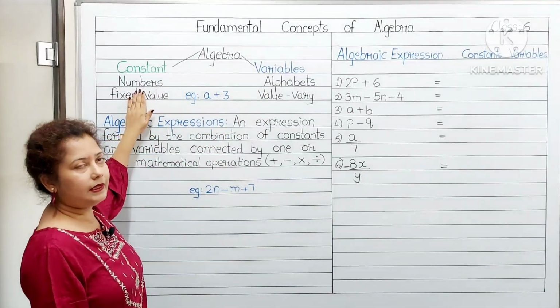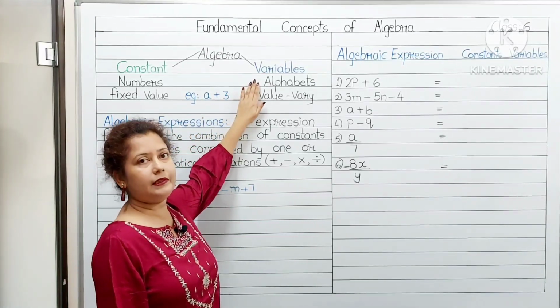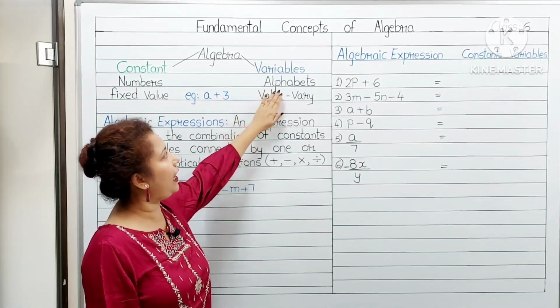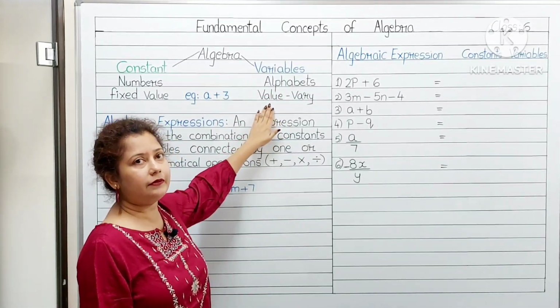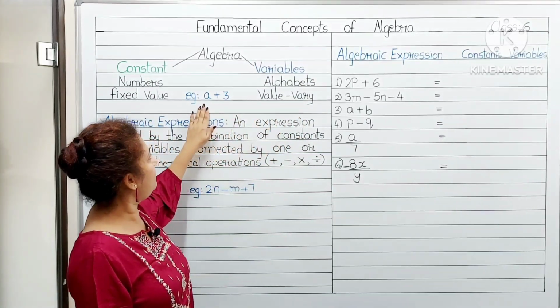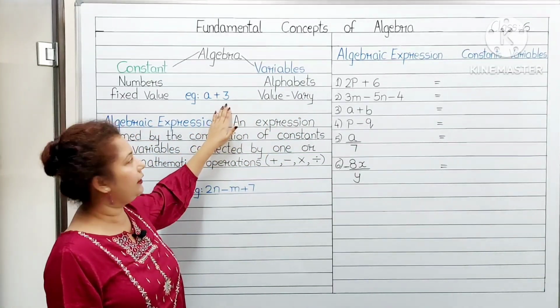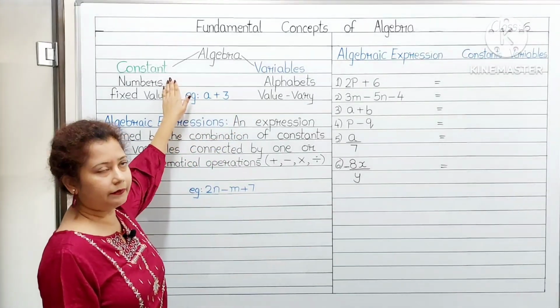Constants are numbers and they have fixed values, whereas variables we denote by alphabets or letters, and the value of those variables varies or changes. For example, a plus 3, here a is a variable and 3 is a constant.